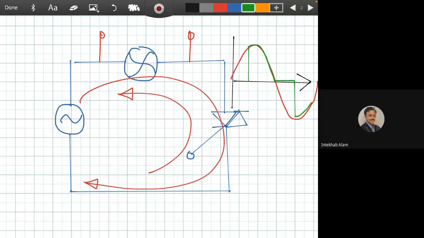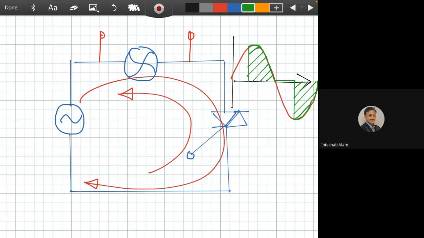The output voltage will be very similar. So this is the output voltage. We can make the output voltage even smaller or even larger.